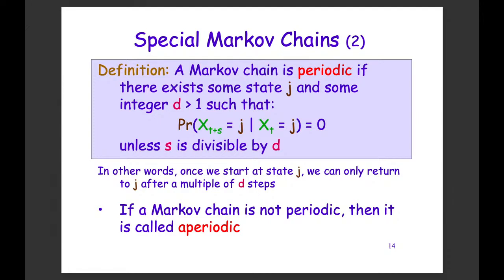We will see an example soon. If this is the case, then the Markov chain is periodic. In the opposite case, where none of the states show this behavior, then the Markov chain is called not periodic, or aperiodic.